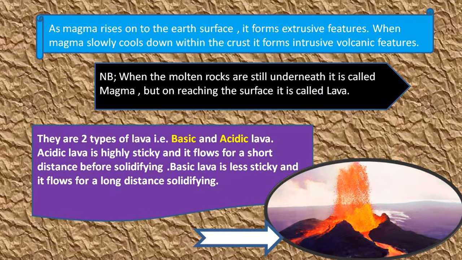So when it is ejected violently, it will have to flow. This flowing that we see here, when it flows for a long distance, is called basic lava. But when it flows for a short distance from where it has been ejected and finally solidifies, it's called acidic lava.